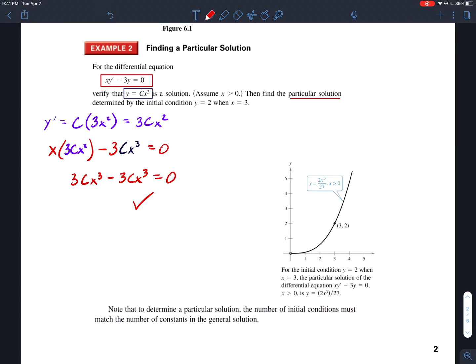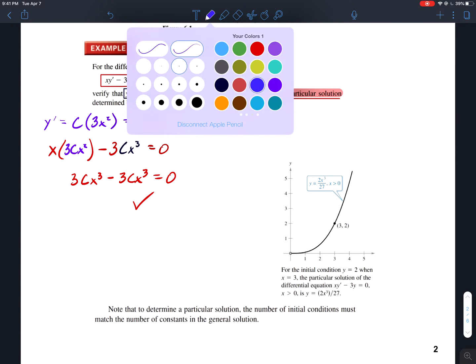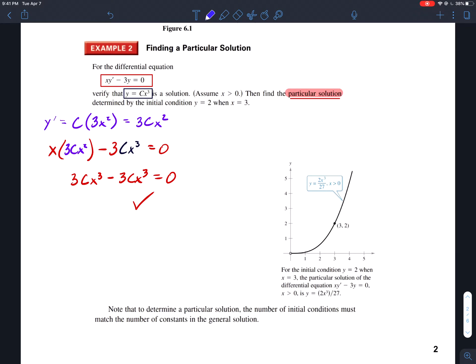All right. Then they go on and they say find the particular solution for the case where y is 2 and x is 3. So in my function y, if I let x be 3 while y is 2, then I get 2 is equal to c times 3 cubed, which gives me 2 over 27 for the c value.